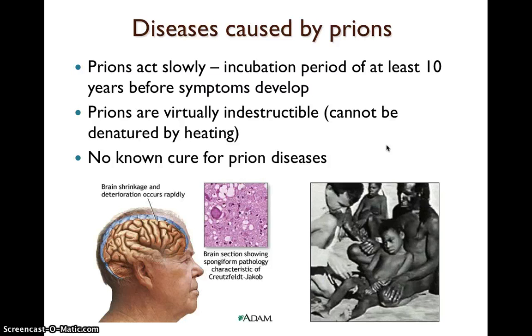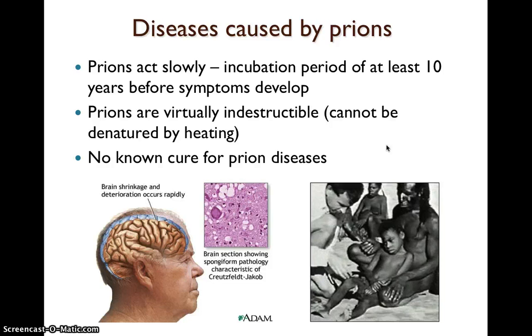It actually has a very long incubation period, at least 10 years before the symptoms can develop. So with mad cow disease, the same way, if a person eats mad cow, that prion can possibly turn that person into someone with mad cow disease symptoms.